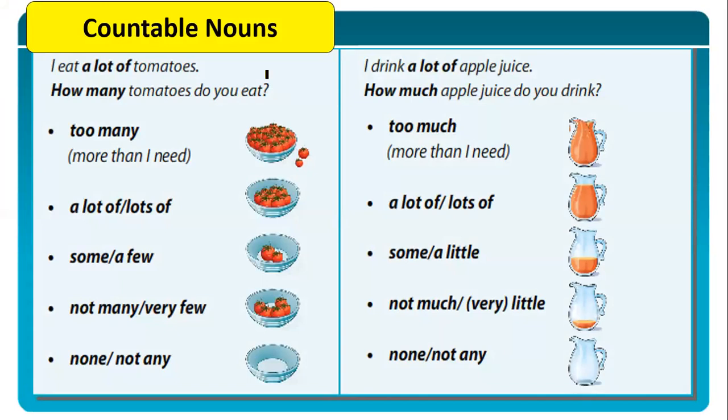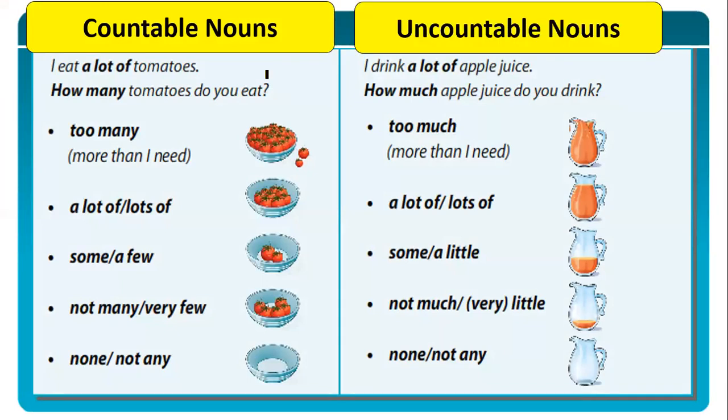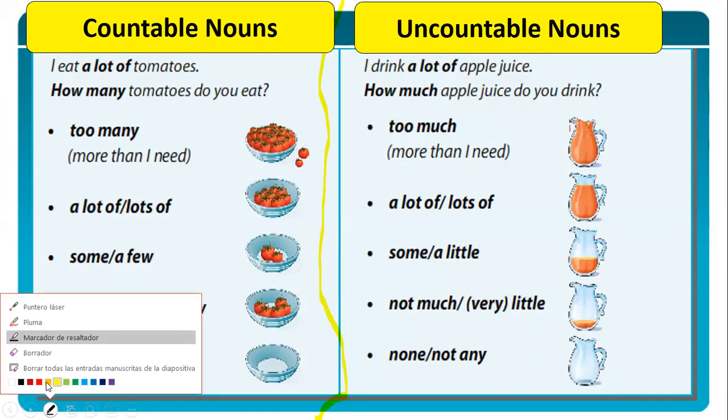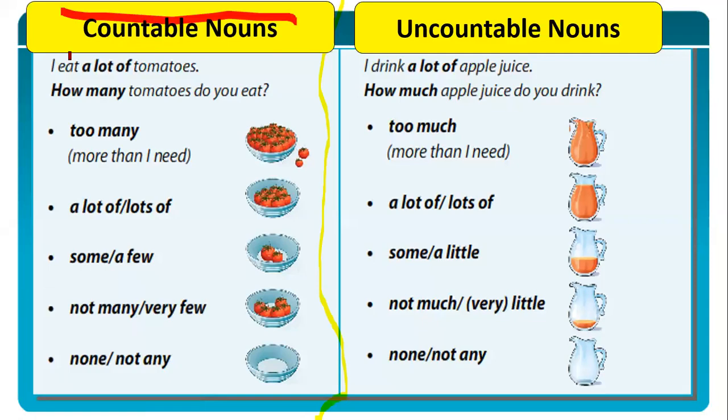Okay, so similar to what we said before, and this is important. One, because it's going to be in the exam. And two, because these are other expressions that we use to count when we don't use the numbers. You need to be able to make the difference when we say countable and when we say uncountable nouns.